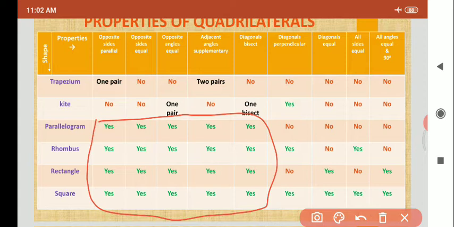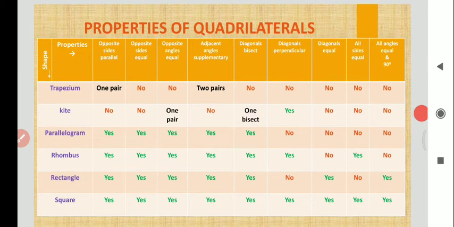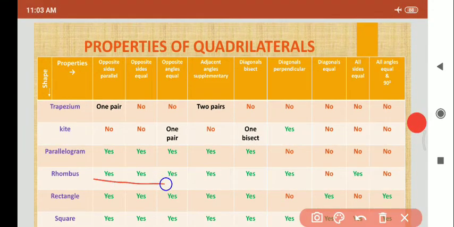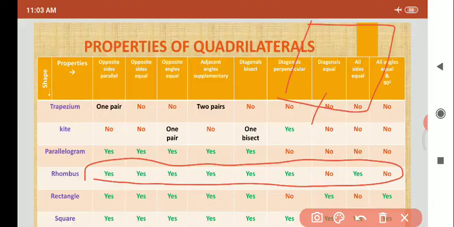So always remember one thing: if you want to prove that any quadrilateral is a rhombus, we have to show all these properties. Suppose it is any quadrilateral and I say to you, prove that it is a rhombus, so you have to show that opposite sides are parallel, opposite sides are also equal, opposite angles also equal, adjacent angles are supplementary, diagonals bisect, and all these properties.